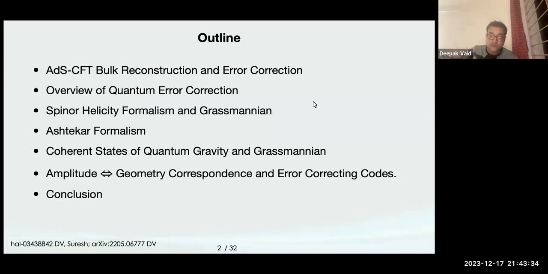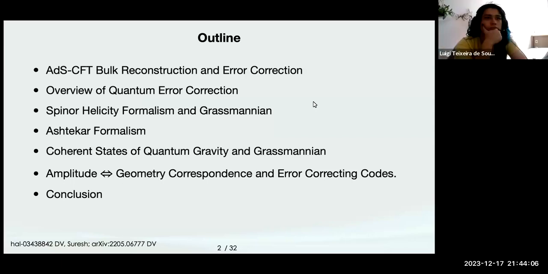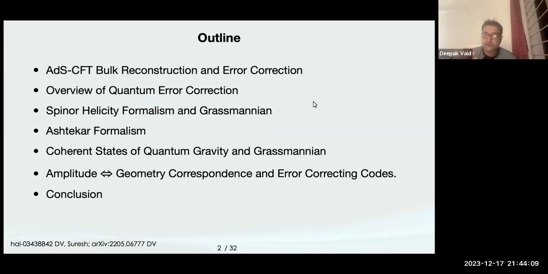If you trace over any one of the Hilbert spaces, let's say the right one or the left one, the remaining state is a thermal state in the Hilbert space you have not traced over. So it's a way of taking mixed thermal states in one Hilbert space and mapping them to pure states in a doubled Hilbert space. In the language of quantum information, this would be called purification.